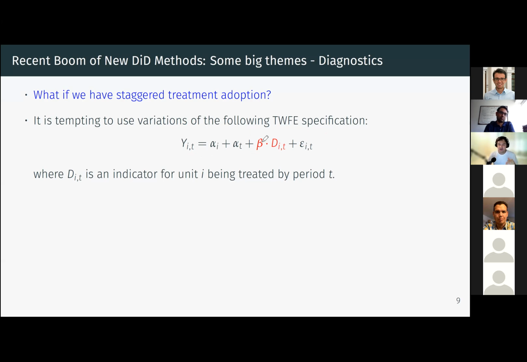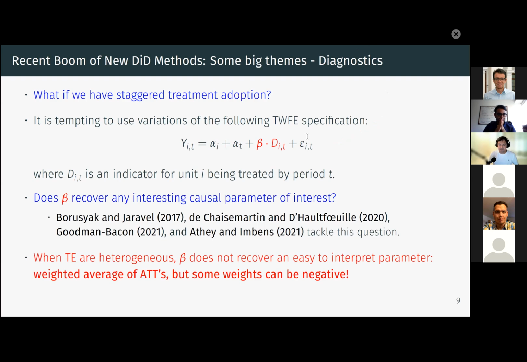If the treatment effect is the same for all individuals and for all time periods t, this is good. You can't beat this, because I have a correctly specified regression approach. The question is, what happens when I am not in that world? What happens if I am in a heterogeneous world where treatment effects can vary across individuals and can vary across time as well?